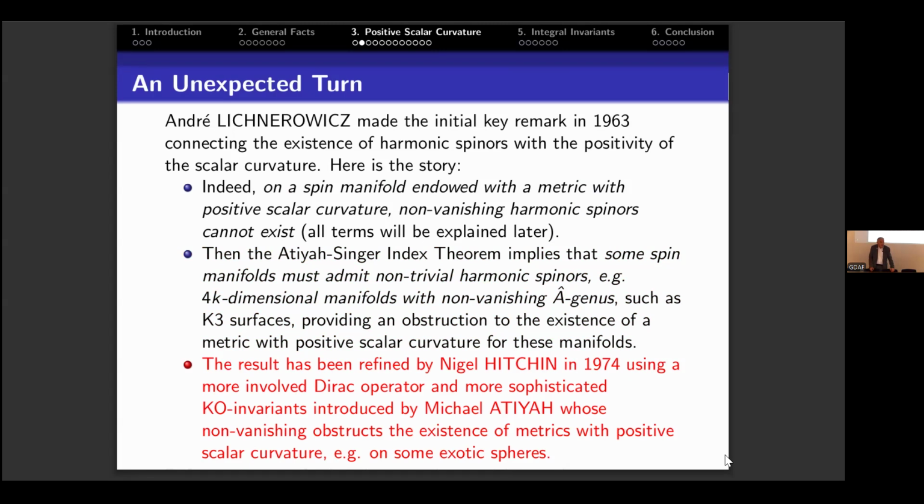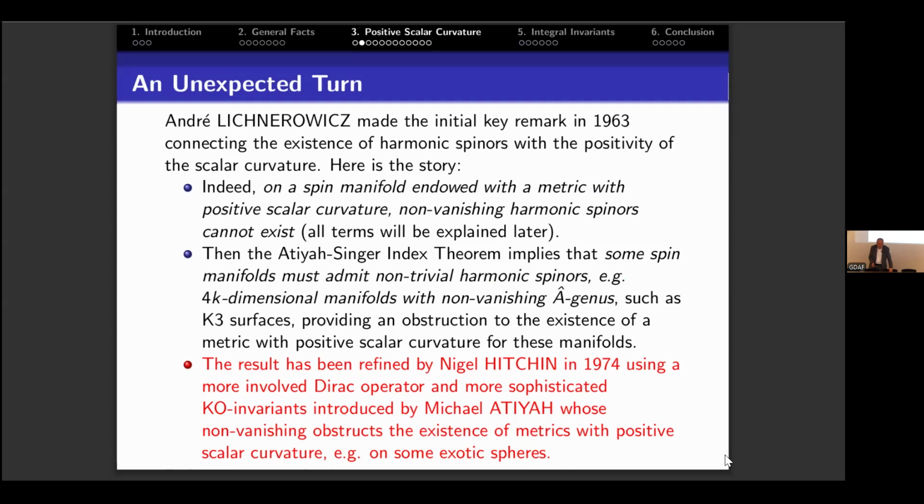So even on objects like the sphere, topologically very nice, but if you take an exotic sphere, where the differentiable structure on it is not the usual one, then you may be in a situation where there exist no metrics of positive scalar curvature. And of course, you see that's a difference between a topological invariant and a differentiable invariant, because these are normal spheres from the topological point of view, but not normal spheres from the differentiable point of view.